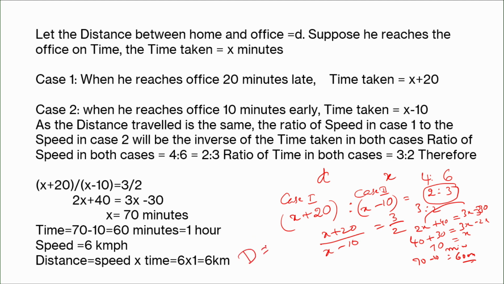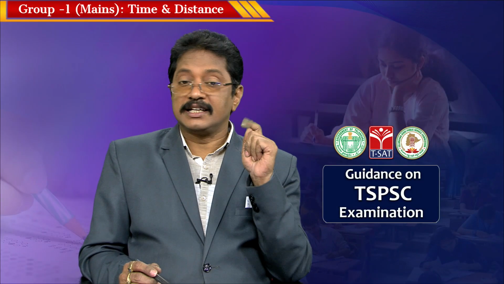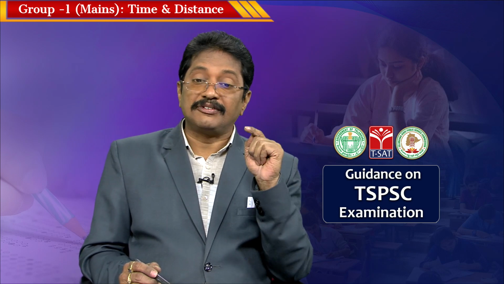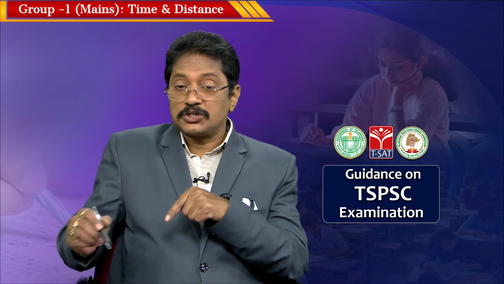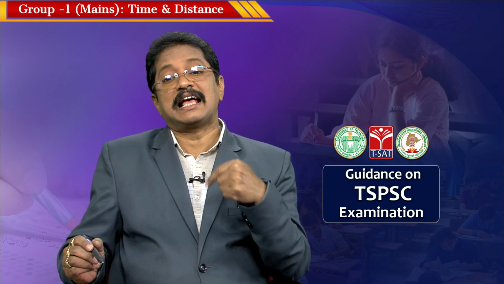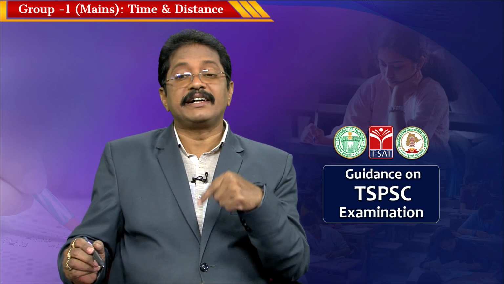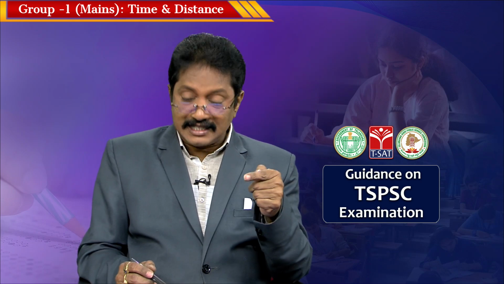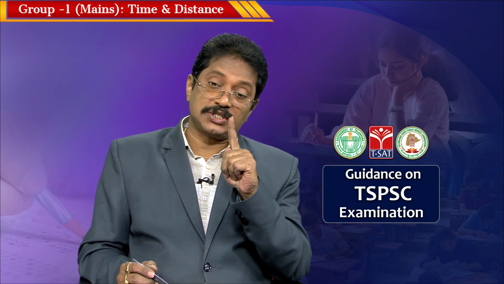Distance is equal to speed into time. What is speed? 6 kilometers. What is his time? Because the actual right time to reach is 70 minutes, but when he travels at the speed of 6 km per hour, he will reach 10 minutes earlier, means 70 minus 10, 60 minutes. 60 minutes in terms of hours is 1.